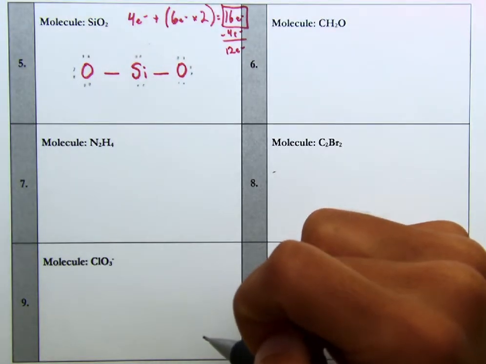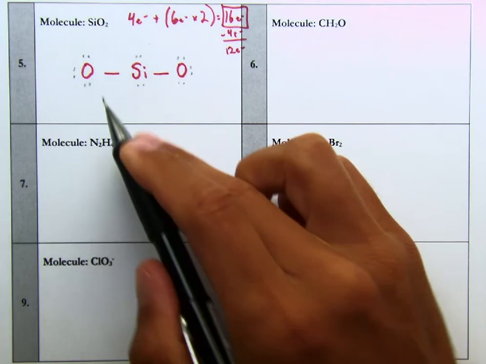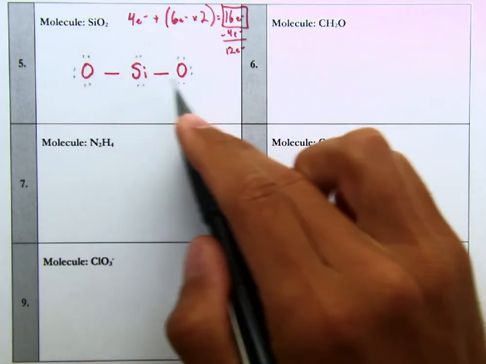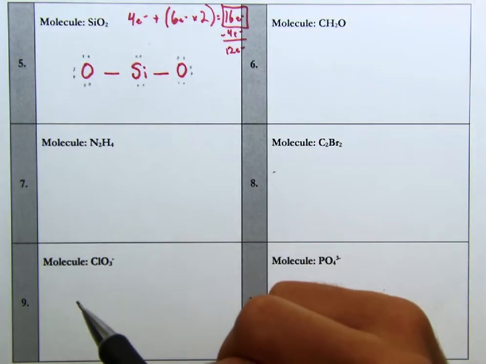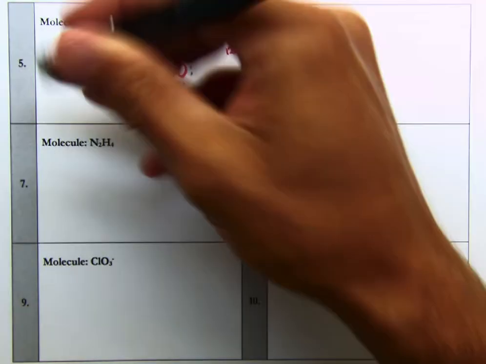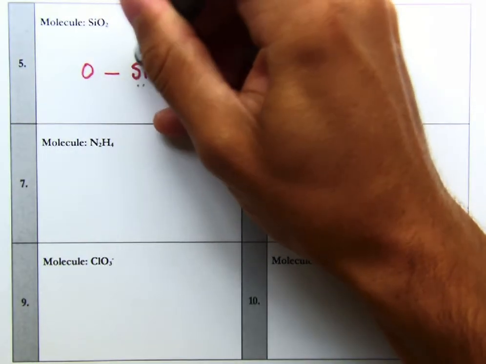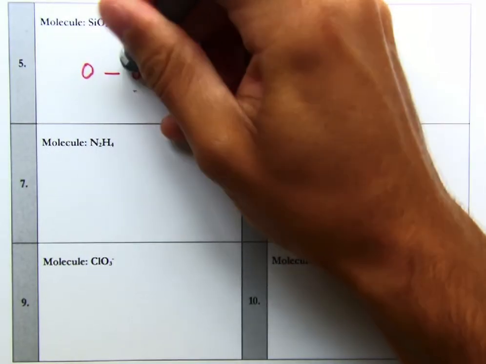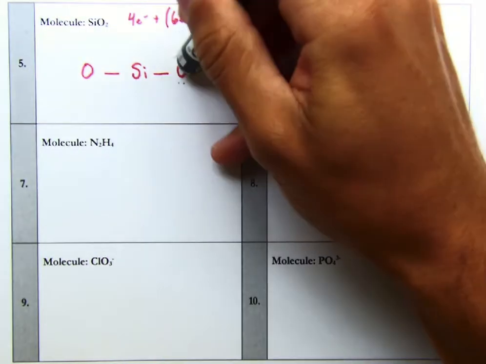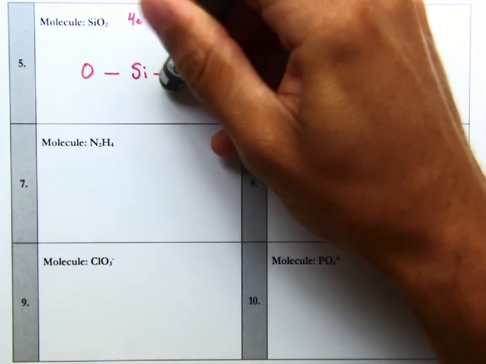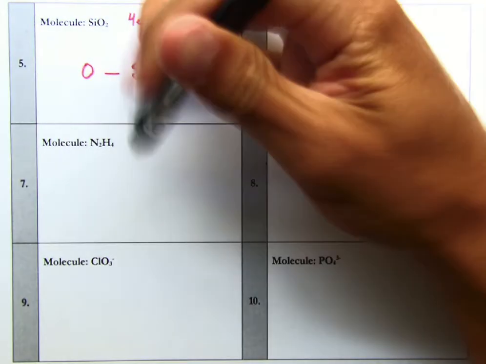So you might be saying, hold on a second, Mr. Rosen. The only way to have octets is to have too many electrons. And that is where you're incorrect. And this introduces the concept of a double bond. Or, if you want to take it even further, a triple bond.